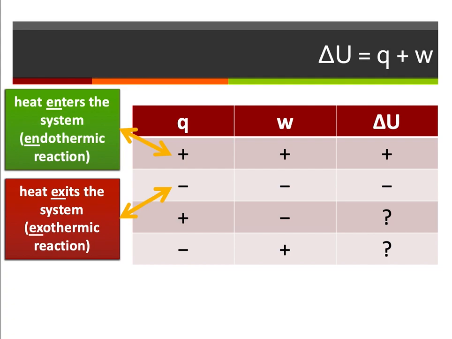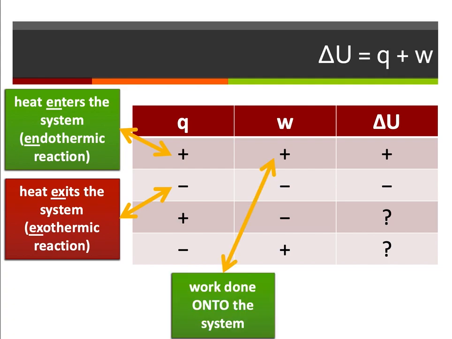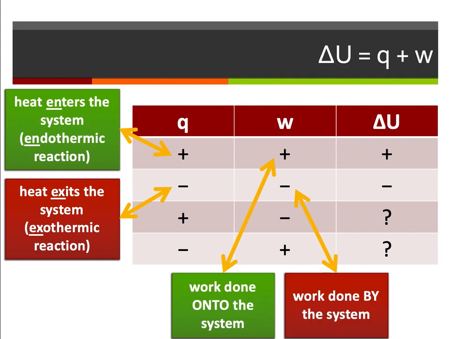Work is similar. When work is positive, work is being done onto the system by the surroundings. So the surroundings is doing the work and the system is gaining the work. When work is negative, the system is doing the work on its surroundings and the surroundings is receiving the work.